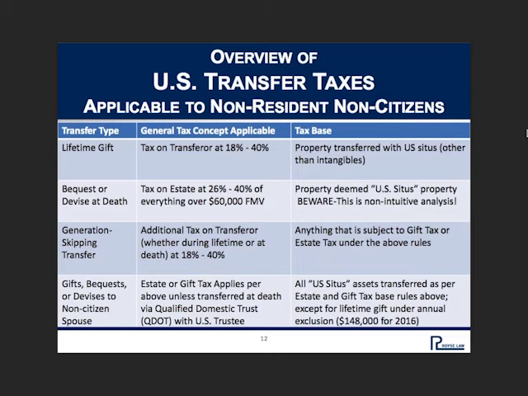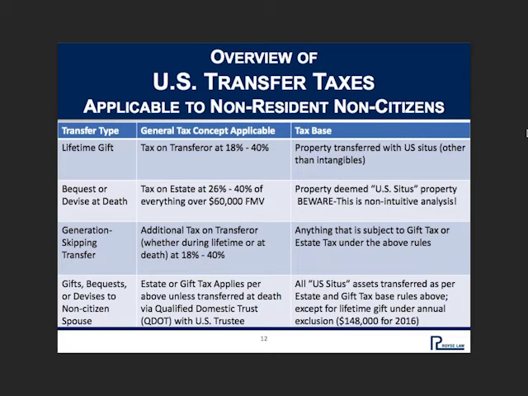And then the fourth row on this slide, I wanted to just point out that there are special considerations for gifts to a spouse. So generally, if I want to take care of my spouse, I make a gift of property to her. Since I'm a U.S. citizen, generally there's no gift tax on that transfer.